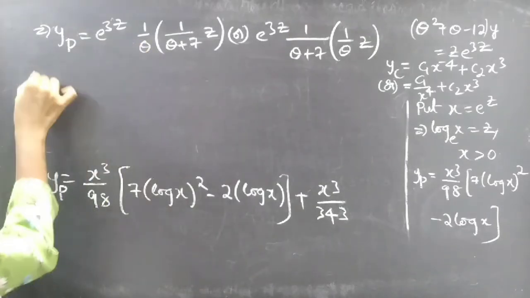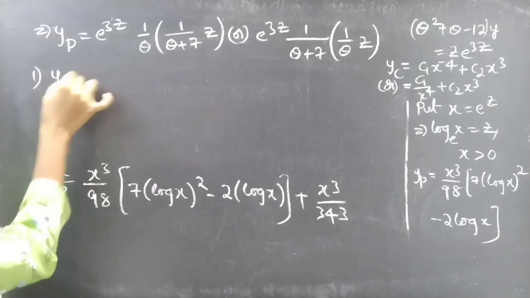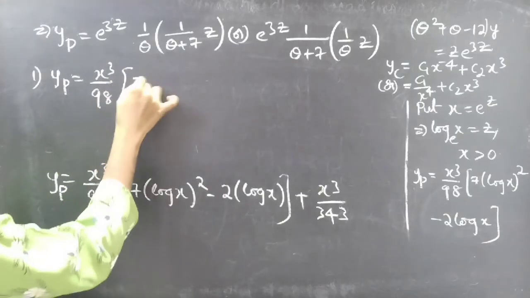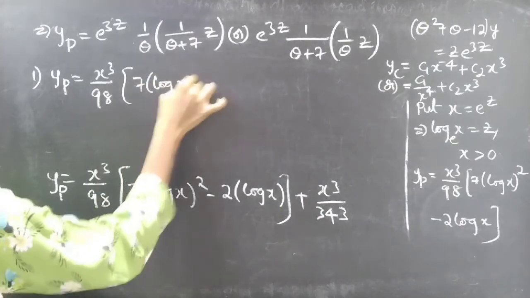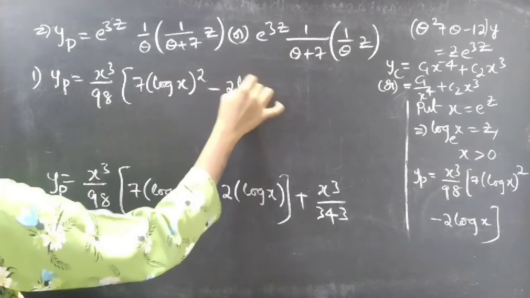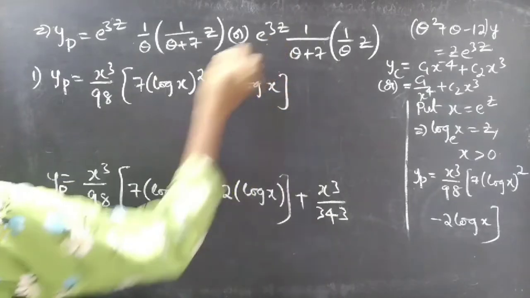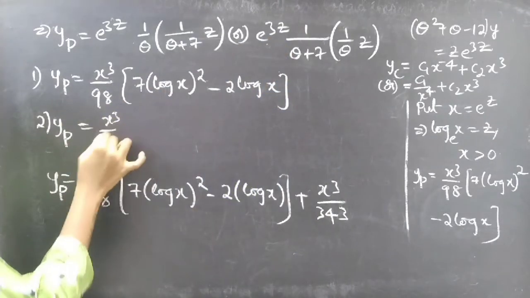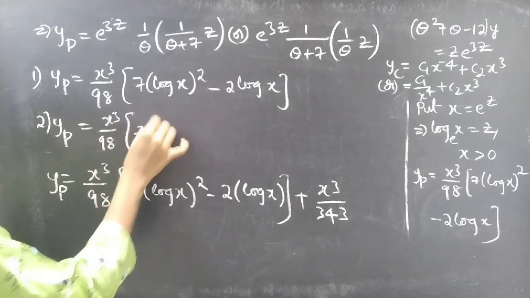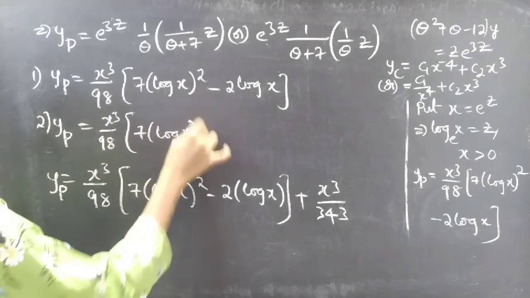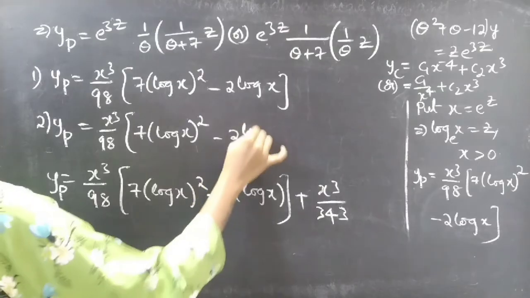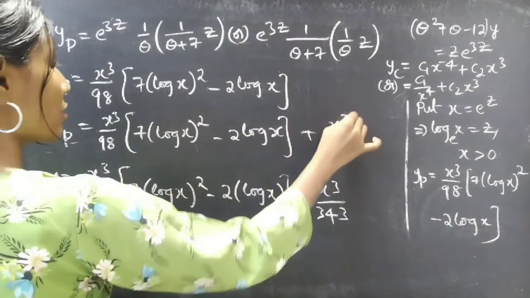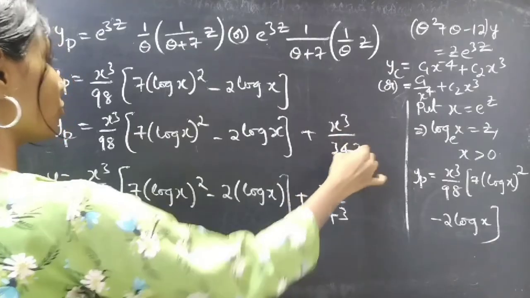If we pick the first one, we'll get yp equal to x cubed by 98 into 7 (log x) whole square minus 2 log x. If we pick the second one, we'll get yp equal to x cubed by 98 into 7 (log x) whole square minus 2 log x plus x cubed by 343.